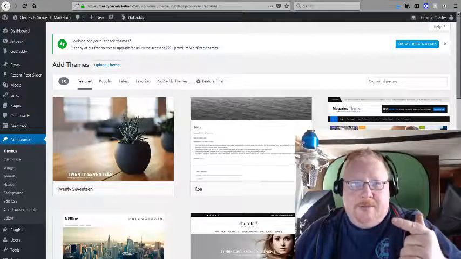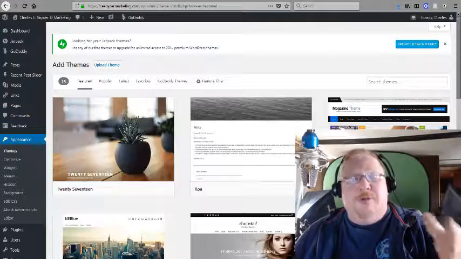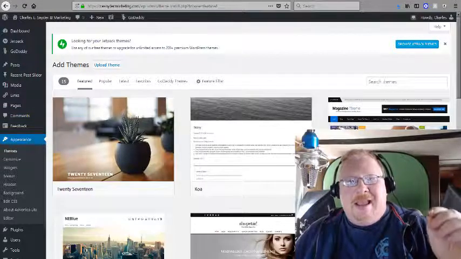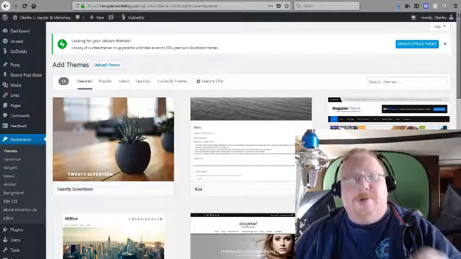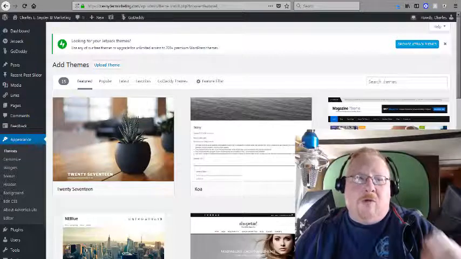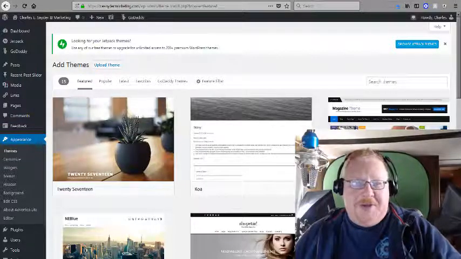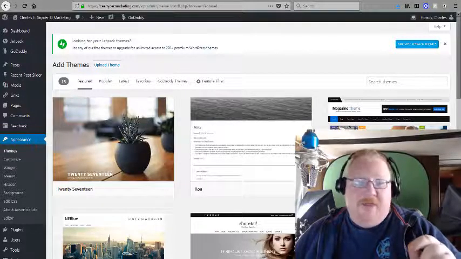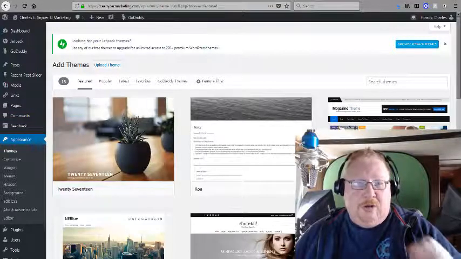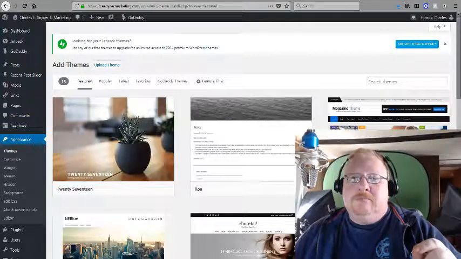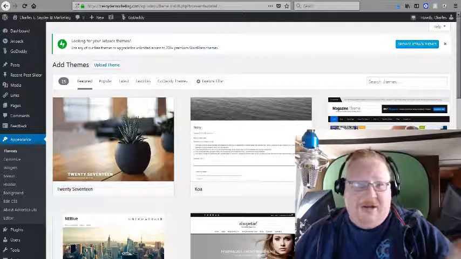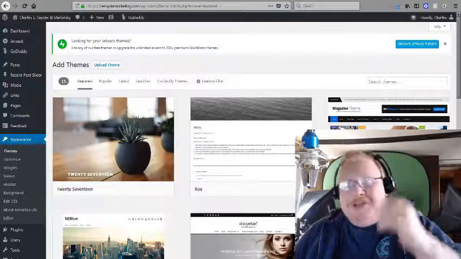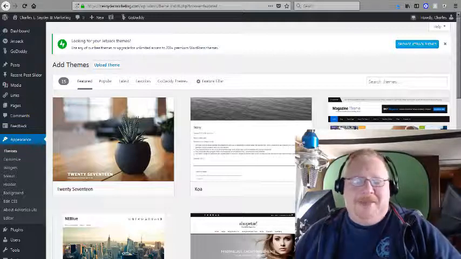Google uses your page load speed as part of the scoring process for ranking your web pages. So if you have a slow loading website, you're going to be way down on the list, 12th page back or something like that. So you've got to be cognizant of that.